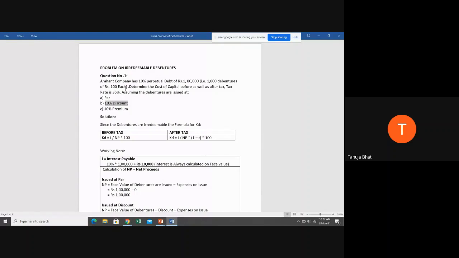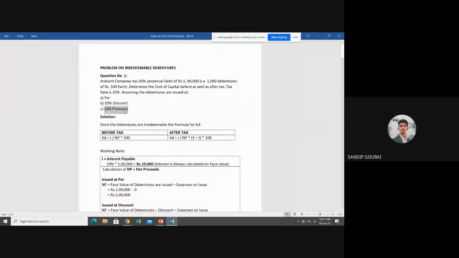So how much you are going to collect from the debenture holders? What is going to be NP? 90,000. Very good.